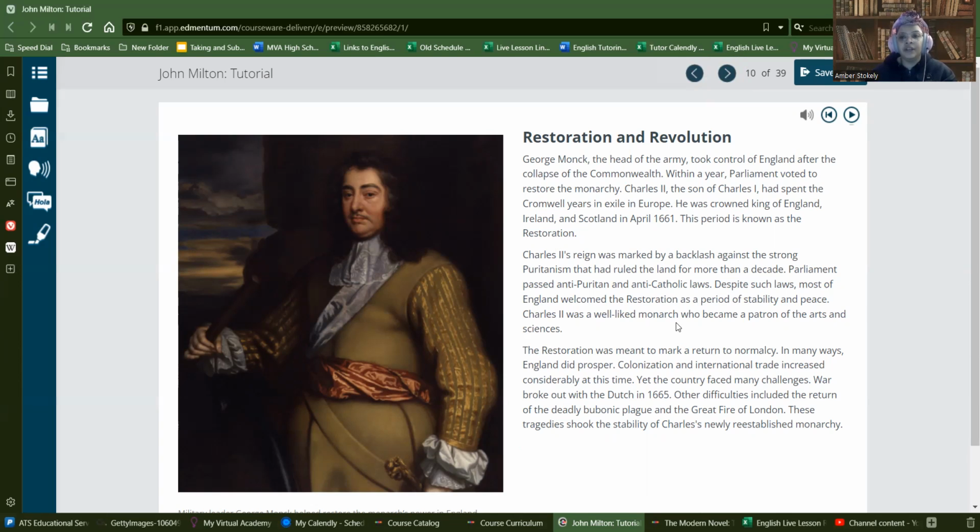The Great Fire of London, which you may have heard about, has been referenced in a couple of the other lessons, especially the Shakespeare related lessons, if you've had other English classes with us here in Milton. And also the bubonic plague broke out during this time. So those things made it so that his rule wasn't entirely successful, but it was definitely more stable than a civil war going on for a long period of time.